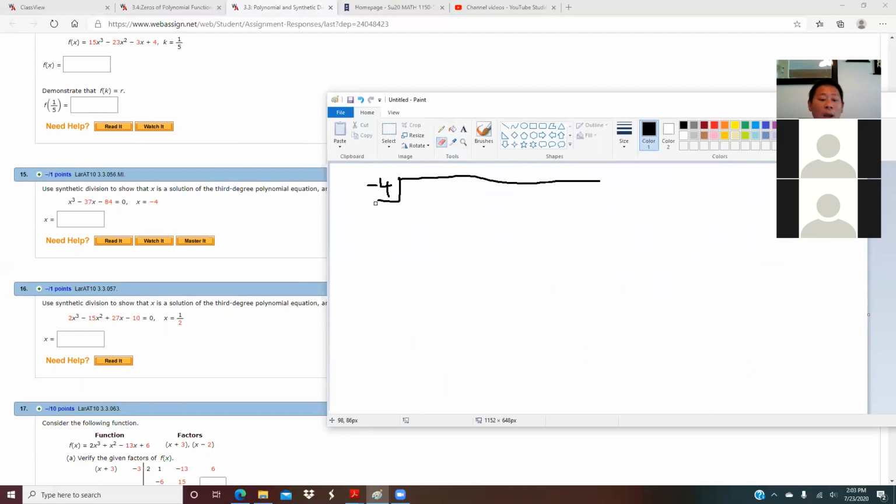Okay, and then what you do next is you put in the coefficients. Anyone know what to put in the coefficients here? The -4, this is for question 15. So what coefficients should we put underneath here? Just type in the numbers. Anyone know what numbers to put in? So -4 comes from your x here.